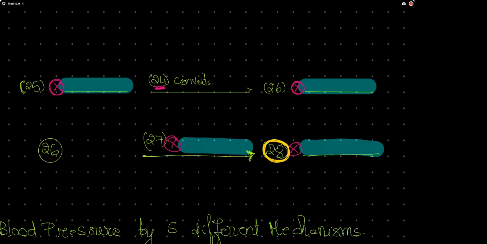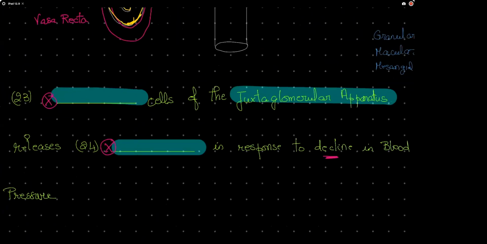So again, the whole story on here. You've got a decline in the blood pressure. Part of the kidney called the juxtaglomerular apparatus, if you remember, which is formed of three types of cells, will sense the decline of the blood pressure, and one of the cells in the juxtaglomerular apparatus is going to be responding by releasing a hormone. What is this hormone? This is number 24.